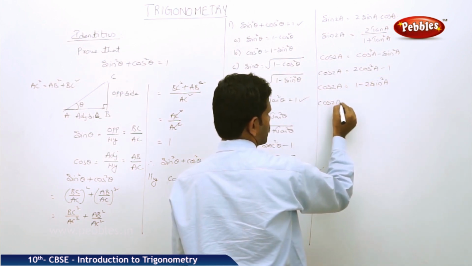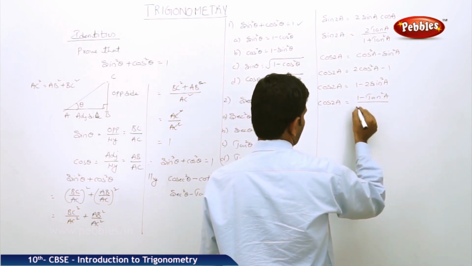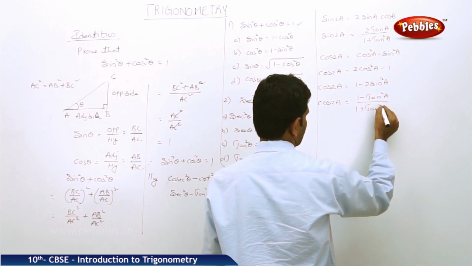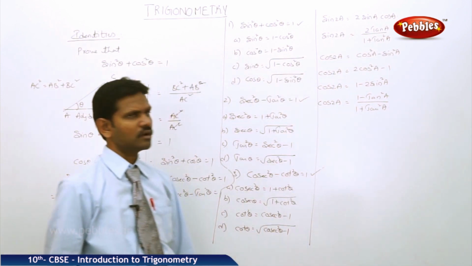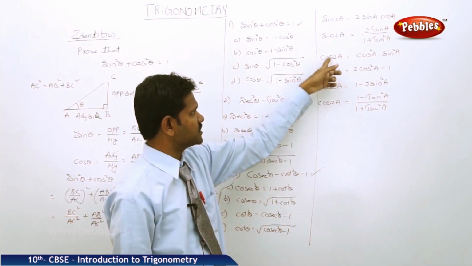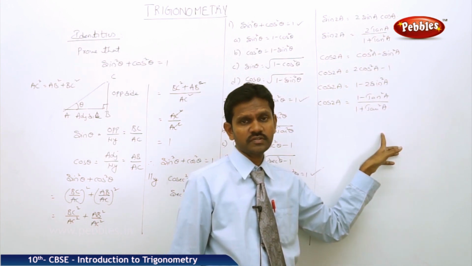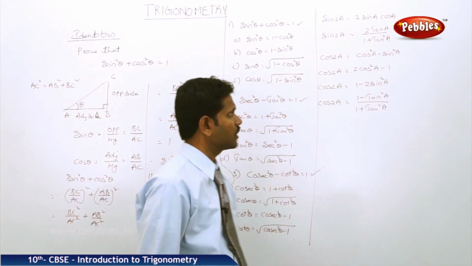Next, cos 2a is equal to 1 minus tan square a by 1 plus tan square a. That means we filtered all the formulas which belong to cos 2a. LHS is the same, cos 2a only, but RHS has 4 different solutions, 4 different answers.